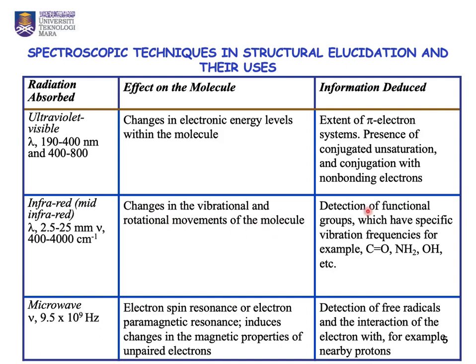As a result, we can get information about the functional groups, for example the carbonyl, the amino group, the hydroxyl group. About these functional groups, we can get the information through infrared radiation.